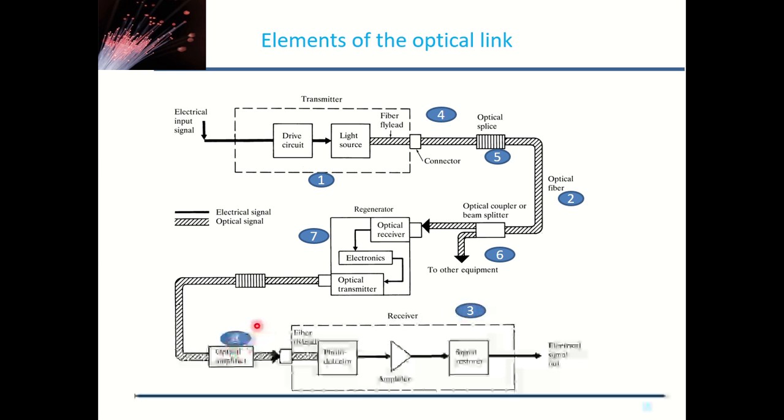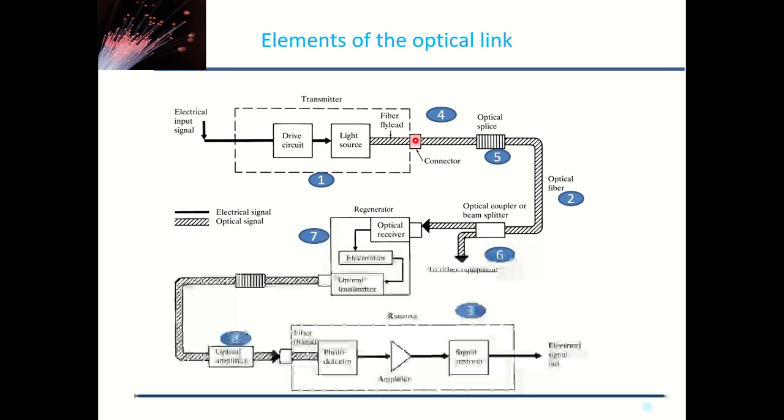So let's understand the function of the connector. If we look at the first block, that is the transmitter block, the output of the transmitter, that is the light source, is given to the optical fiber. So the optical fiber is connected to the output of the light source by using the connector.